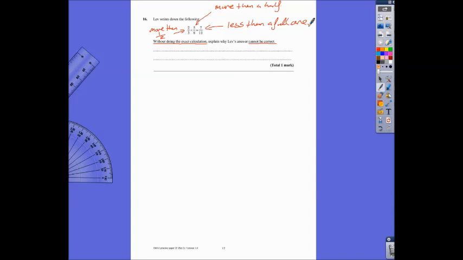So what we need to be writing down is both 2/3 and 5/8 are more than a half.